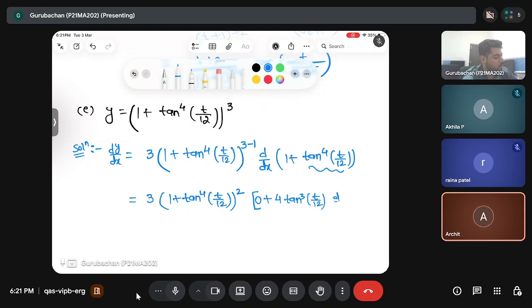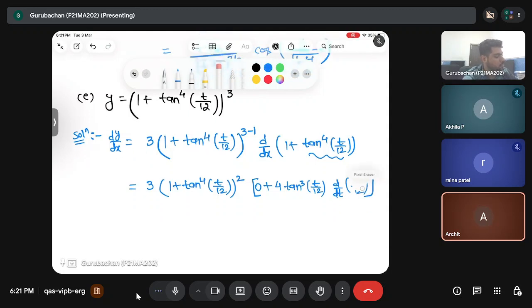And sir, d by dt of tan of t by 12. Okay. Since we are treating it as x to the power 4, the left x will be here tan t by 12.